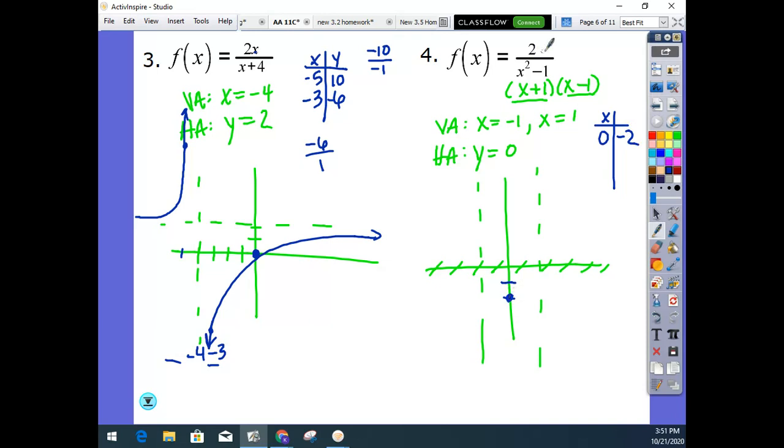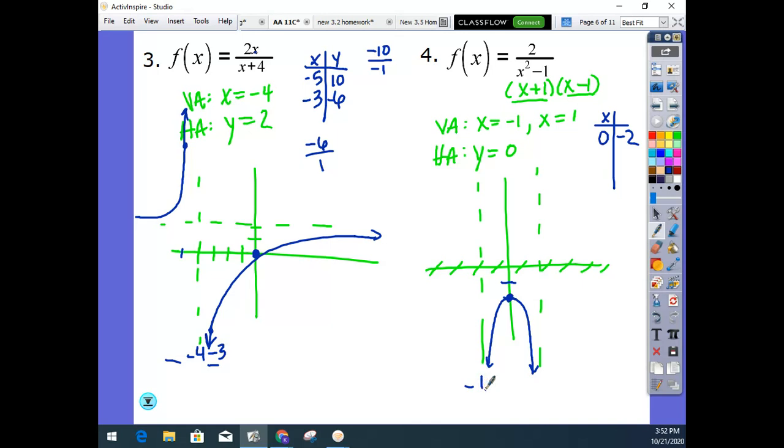And notice if there's not an x in the numerator, it will not cross the x-axis. There will be no x-intercept because there's nothing that will make it equal 0. So what that means is I'm not going to cross the x-axis, so I'm just going to approach the asymptotes on each side.